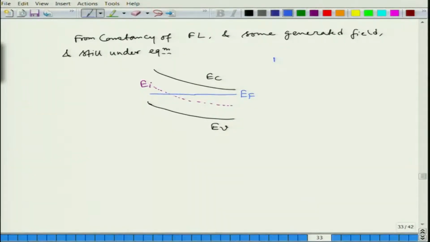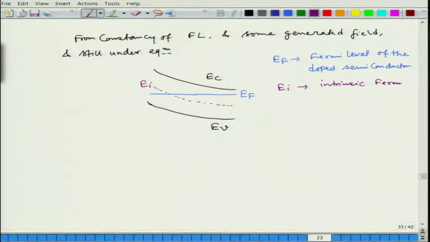So, let me write that EF is the Fermi level of the doped semiconductor, okay, and EI is the intrinsic Fermi level, which is in between EC and EV, or rather which is halfway in between.